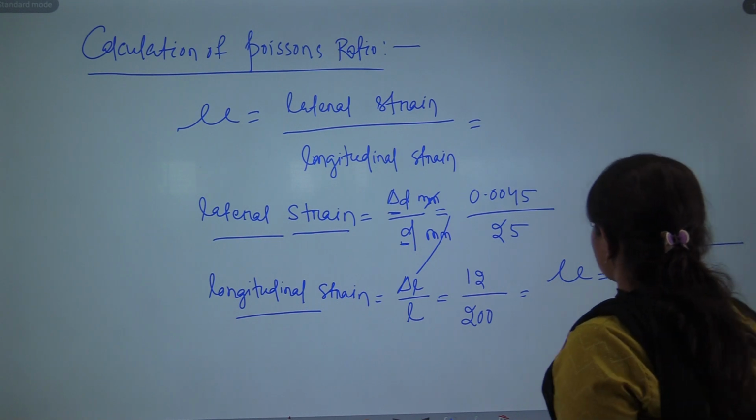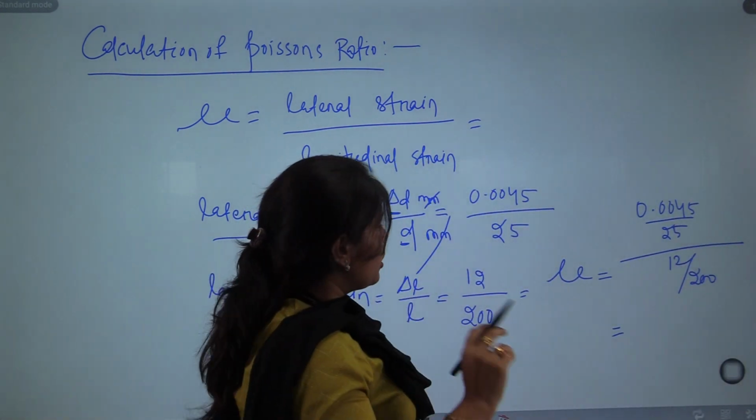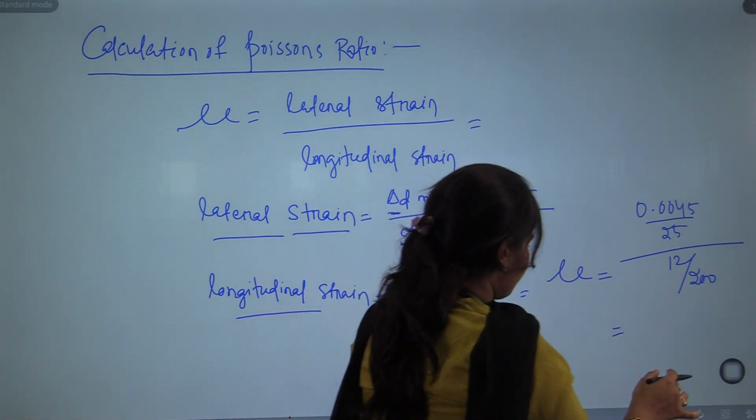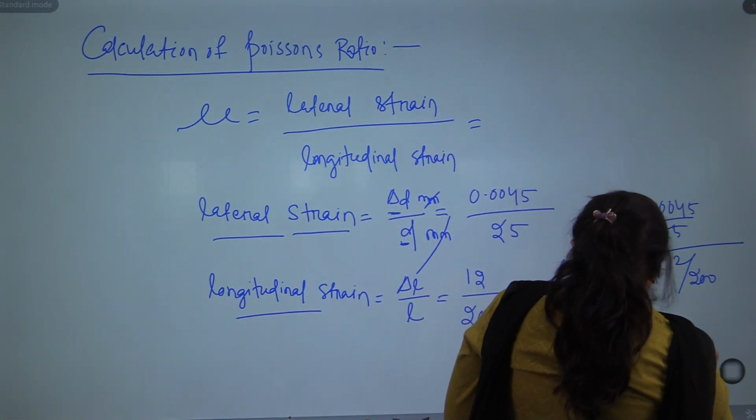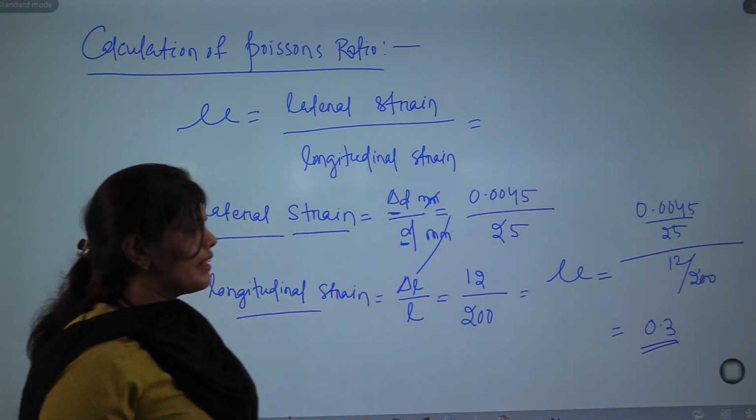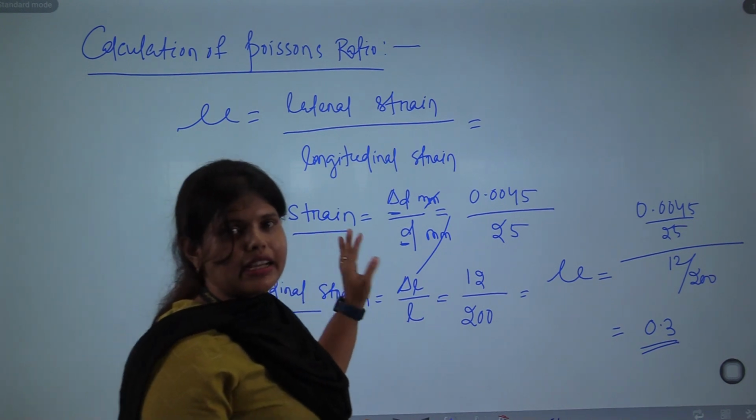You all need a scientific calculator to calculate this, as I have calculated before, so I will write it down. 0.3 is the value. You can recheck it using a scientific calculator.